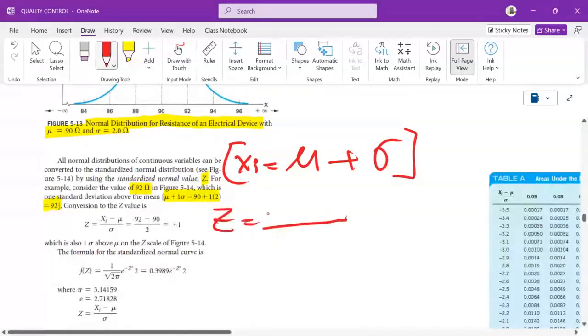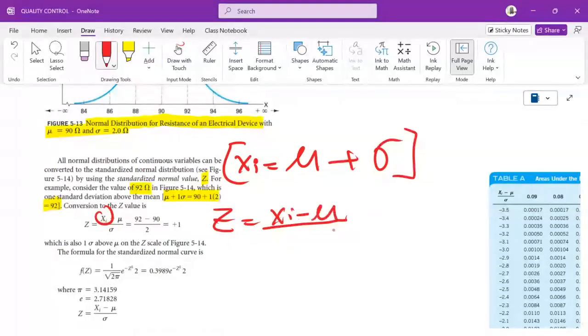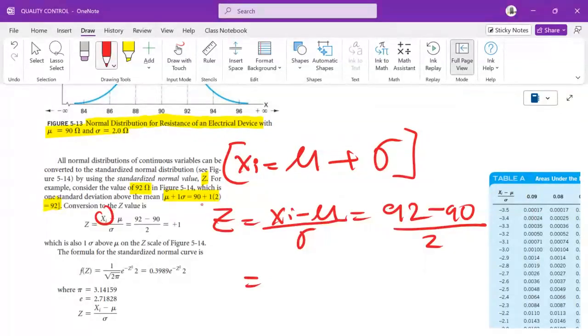So our xi minus your mean value, over your standard deviation, equals 92 minus 90 over 2. Your standard deviation is 2. Then the answer is 92 minus 90 over 2. The answer is 1.